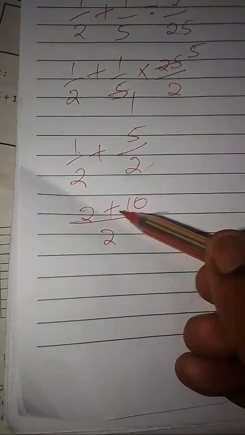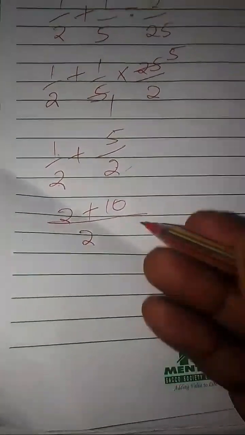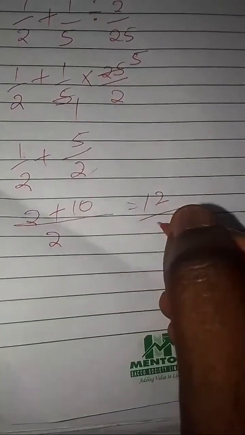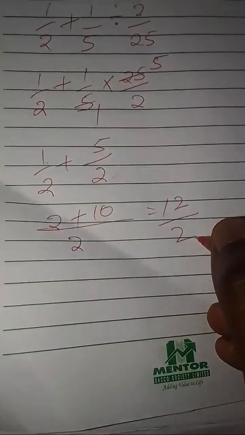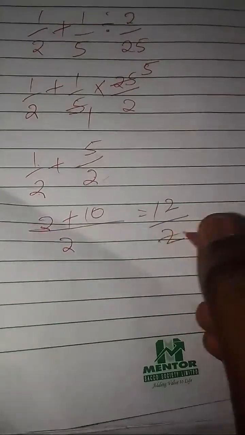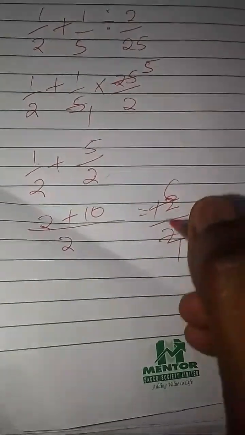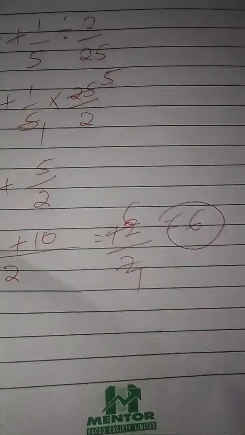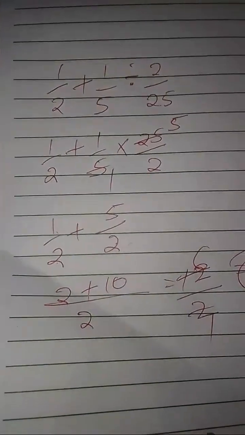So here, 2 plus 10, we shall have 12. And we shall have now 12 out of 2. Then from there, we do what? We simplify. 2 here once, 2 into 12, 6. So now our answer becomes 6. It is as simple as that.